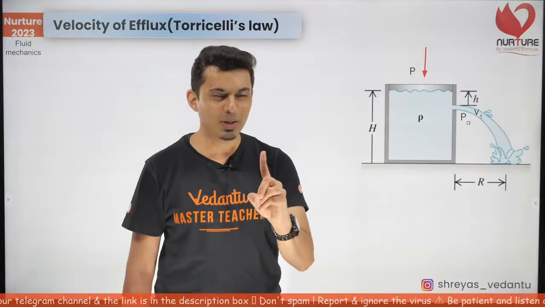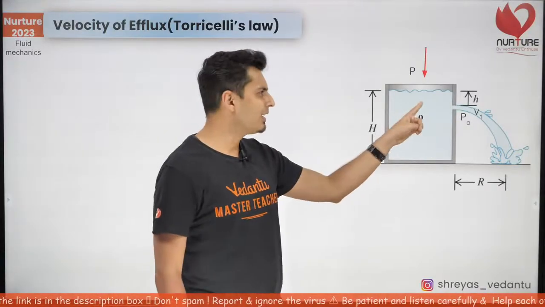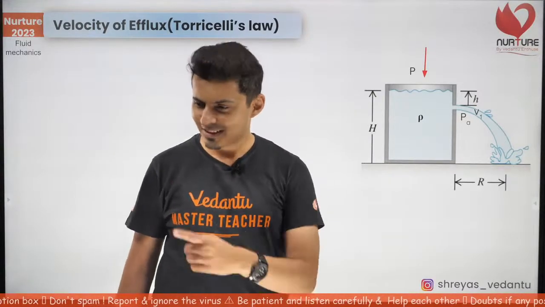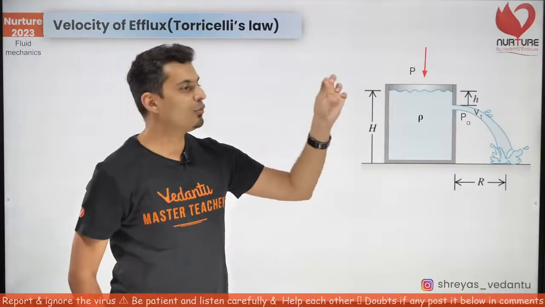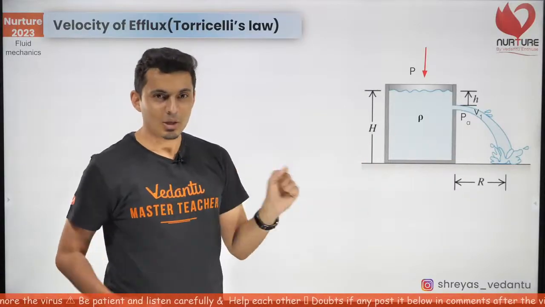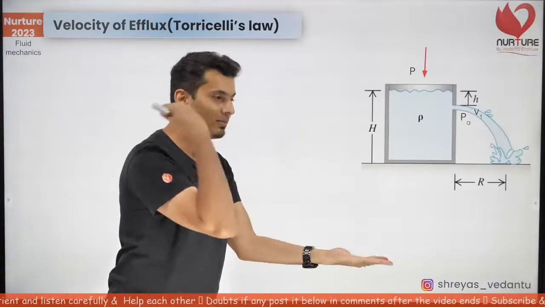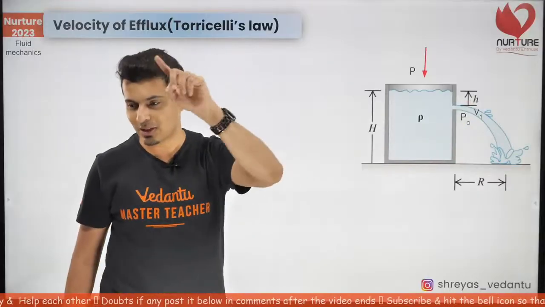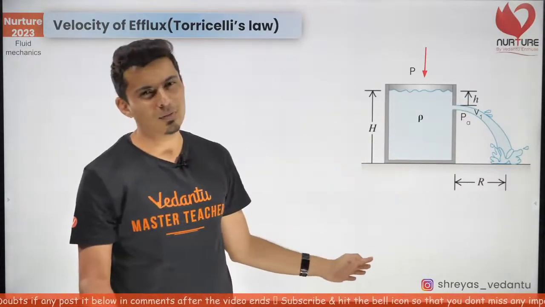If I want to find out speed, time, and range, this looks like projectile motion, your initial days of 11th standard, isn't it? You throw something from some height, it falls somewhere. You know the height of the tower, you know where it lands, you can find out the time of flight, everything, if you know the speed of projection, horizontal projectile. So that means you just need to find out speed, everything else will follow.